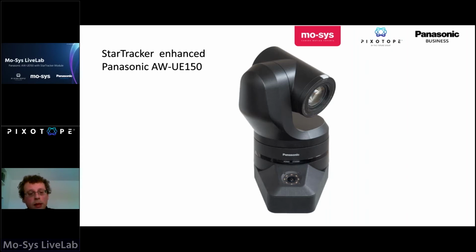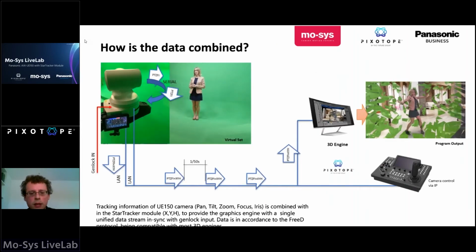So the way it works is the UE150 is giving out D1 protocol to the StarTracker module below, and the StarTracker is automatically doing the calculations to merge in the data and is sending it out to the Pixotope engine, which means that you don't have to concern yourself with combining and fiddling data together. It comes in and it's very easy to use.